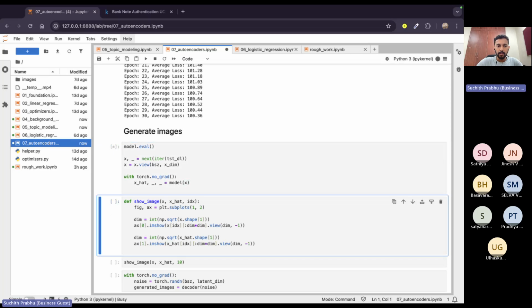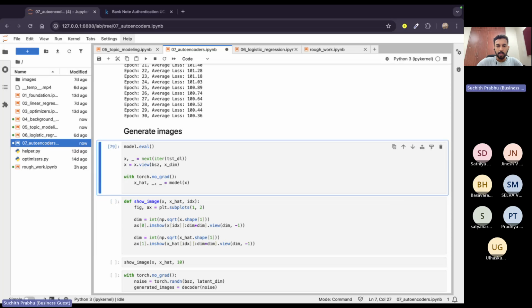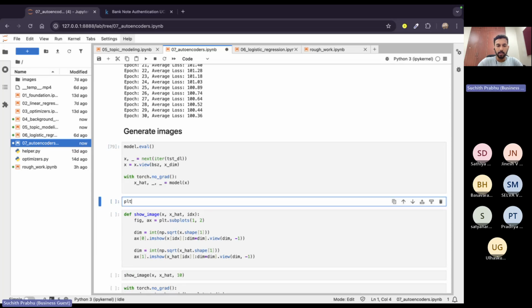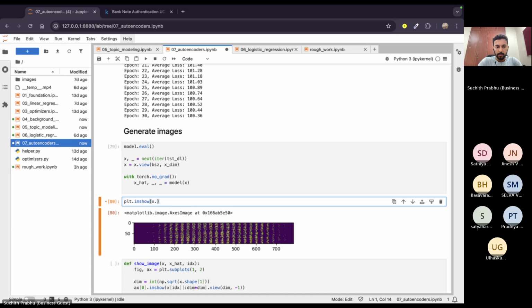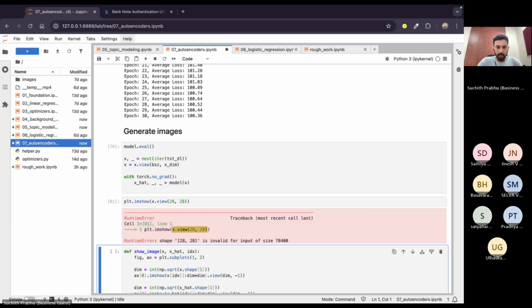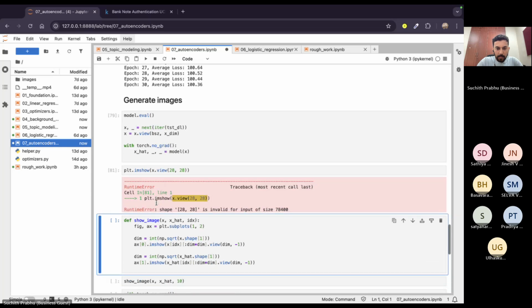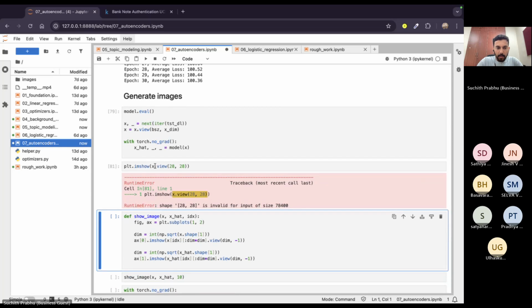Okay, so let's see what the input image was.